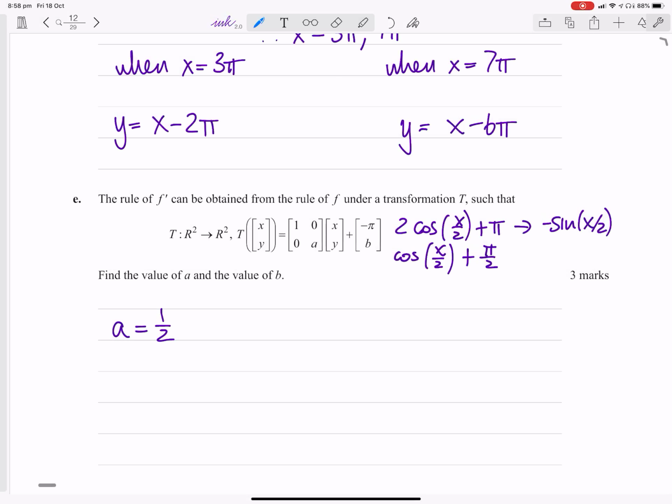Then we need to move it pi to the left, which means we'd have cos of x plus pi on 2, plus pi on 2.